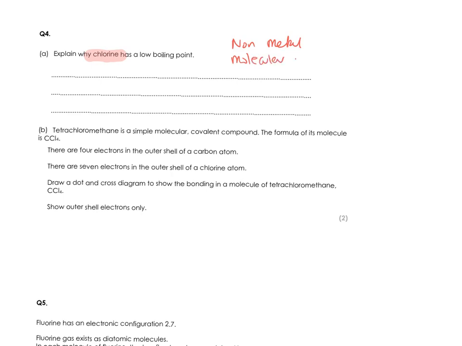This means that you've got a covalent bond between the atoms, but that isn't what you break when you melt it. What you break when you melt chlorine or boil chlorine is the intermolecular forces between the individual molecules. Because if we were to break these bonds here and here, then you just have chlorine atoms floating around, not chlorine molecules, which is what chlorine is.